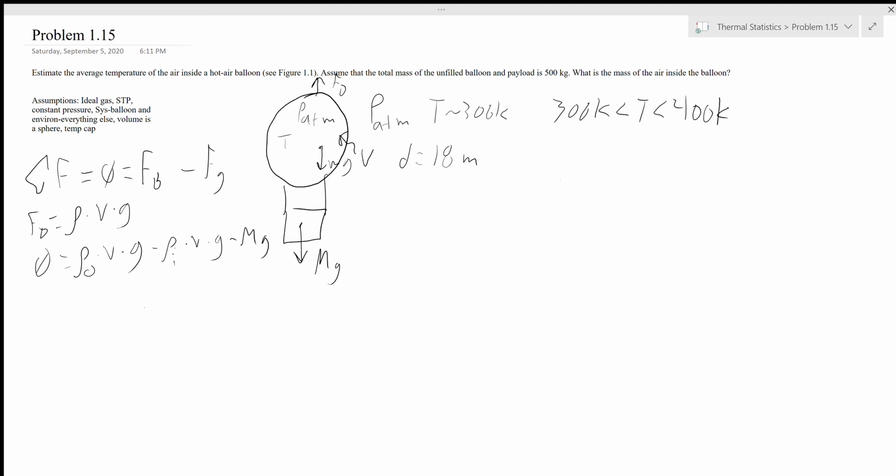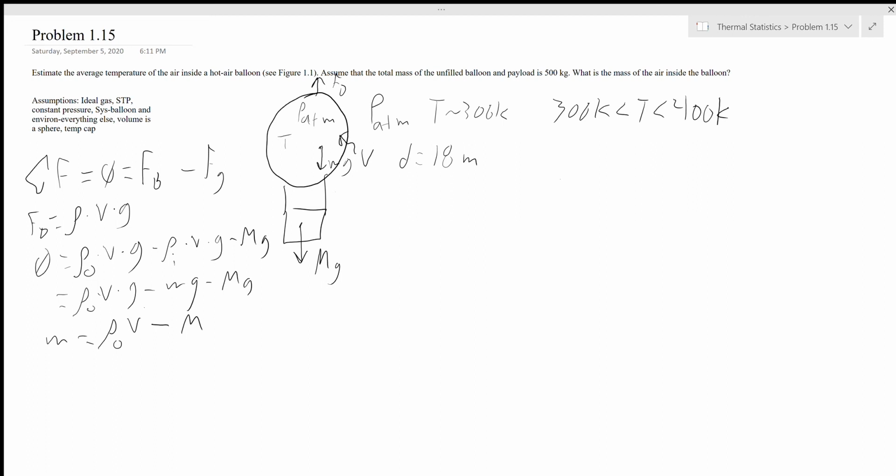Now, solving for m, I can multiply the inside density by this volume to get the mass of the inside air times g, minus big Mg. Solving for m, I get m equals the density of the outside air times volume minus big M, because these g's will cancel.